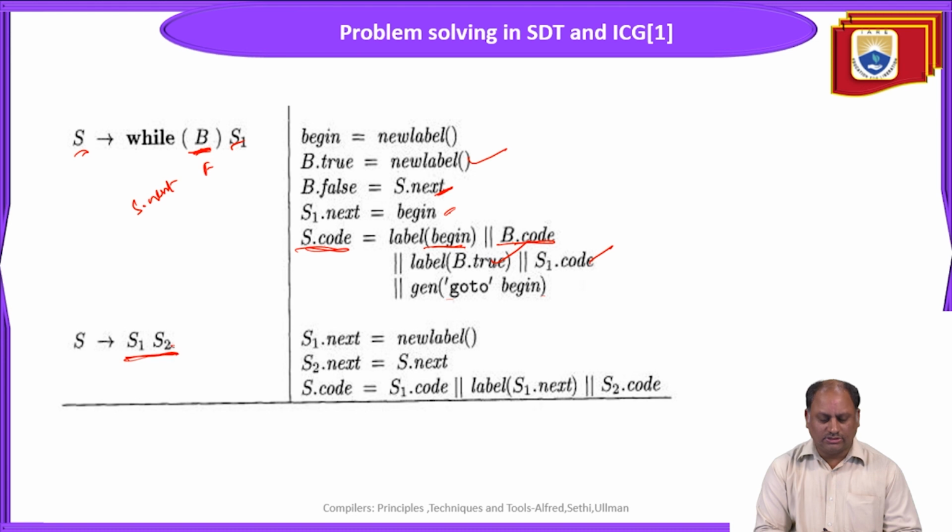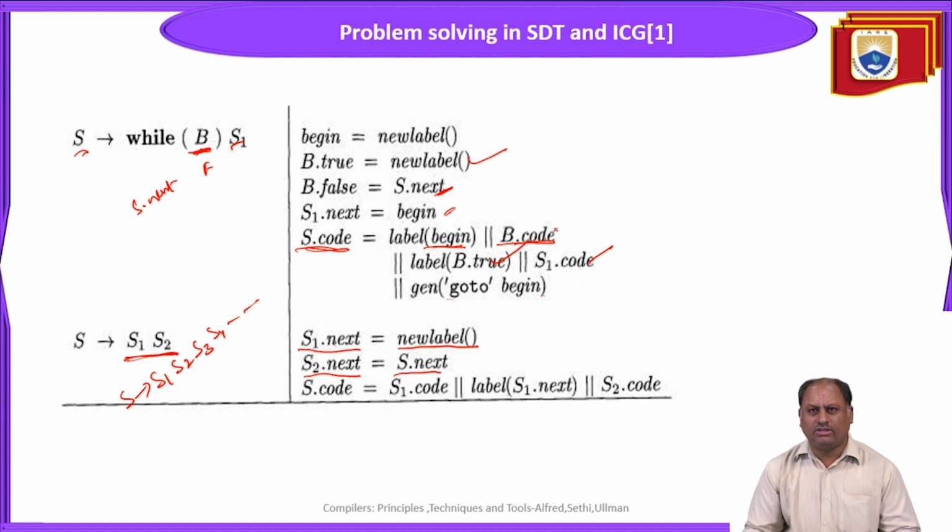And finally, S1 followed by S2, which contains S1 dot next, a new label, S2 dot next, S dot next. So here is a sequence of statements, any sequence S1, S2, S3, S4 like this. This S may include several statements. So for each S, code is generated.